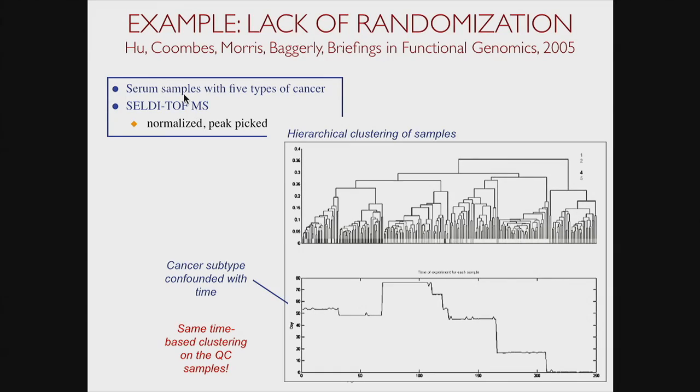So this was serum samples with 5 types of cancer, and they had these samples anonymized, meaning that the statisticians did not know which samples came from which type of cancer. They did signal processing, normalized, peak picking, they did all the right things, and they did a class discovery experiment where they said, okay, I don't know what the labels of the samples are, let me just do some kind of clustering here and look for samples which are similar in the space of proteins.